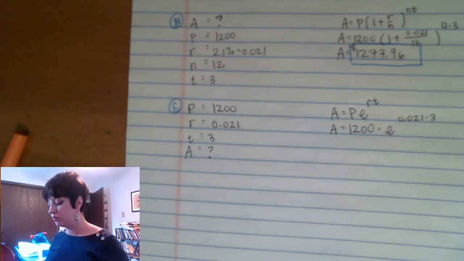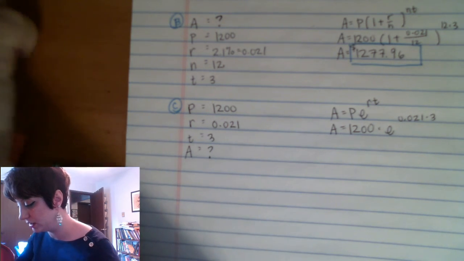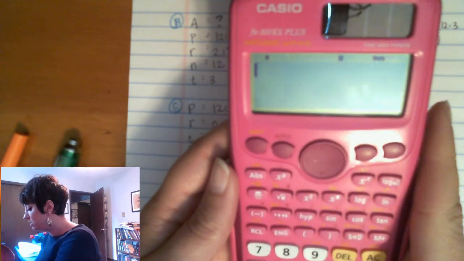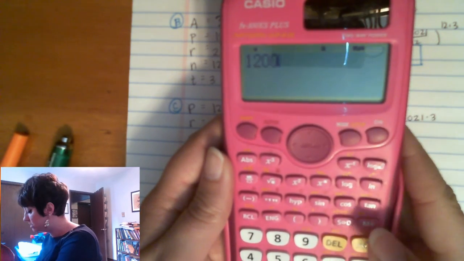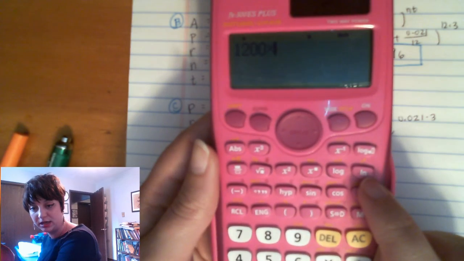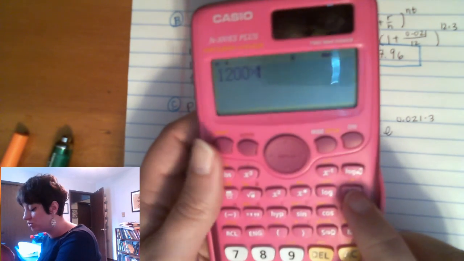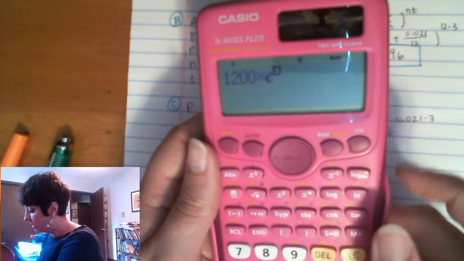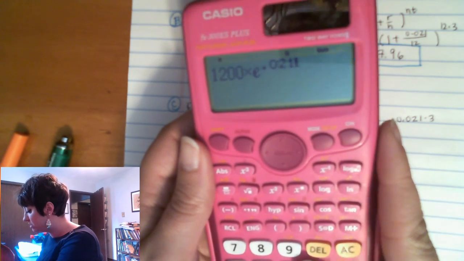All right, and at this point, you would use a calculator. So back to my pink one. So 1,200 times e. My e button here is attached to the LN, so shift or second key LN, and I want 0.021 times 3.